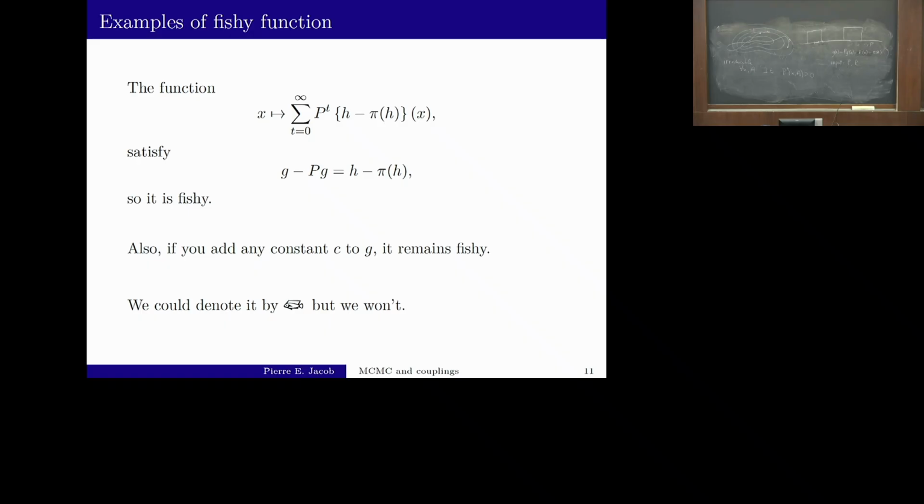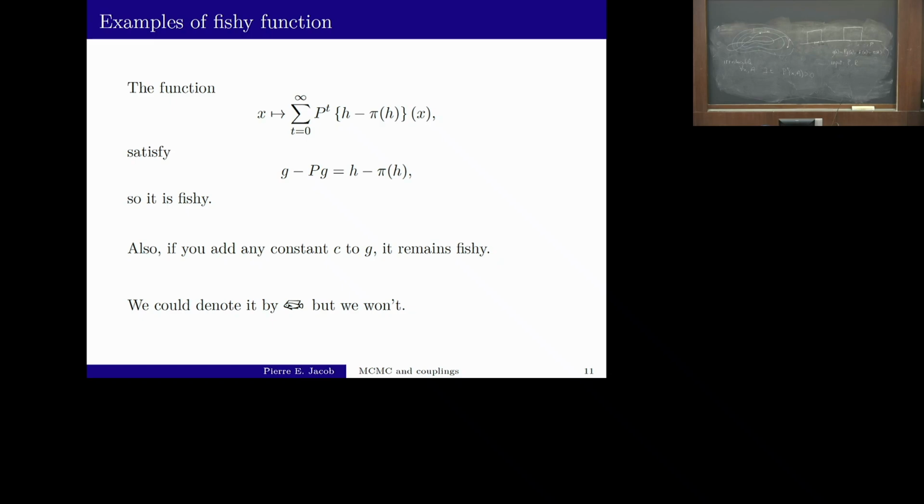And we're left with only the very first term corresponding to T equals 0. And so for T equals 0, P to the 0 is like doing 0 steps, so it's the identity. And we're left with H minus pi of H. Right? So at least if we are given this form of a solution, then we can check that it is a solution.